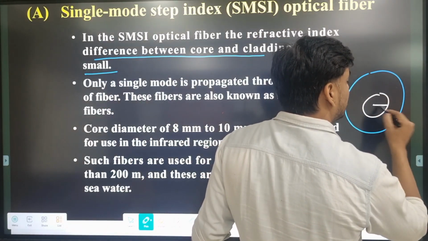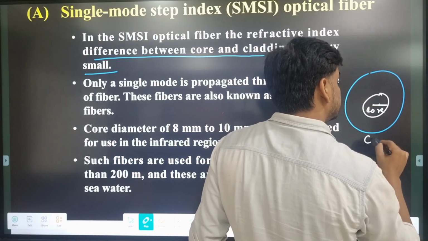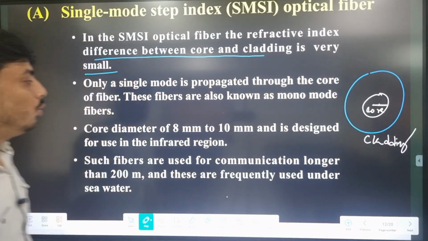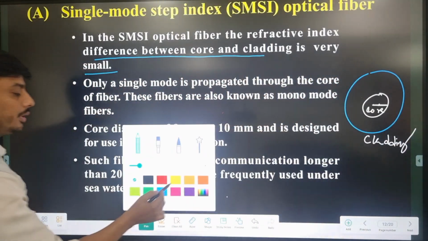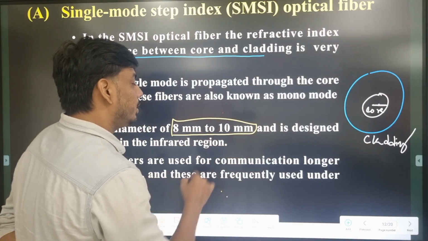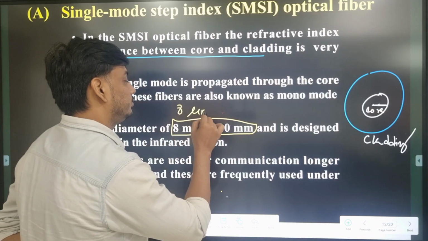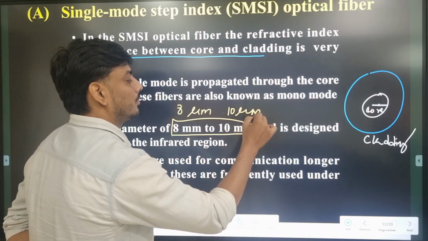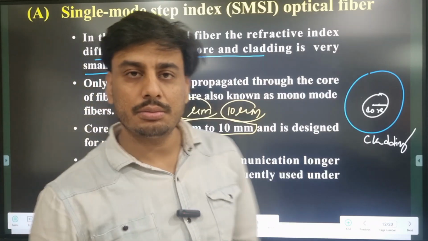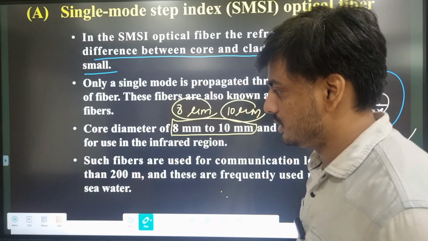The core diameter is very small compared to the cladding area, and the core region is always about 8 to 10 micrometers. If the width is more, it is in the millimeter range, otherwise in micrometers. Mainly it is in the micrometer range.